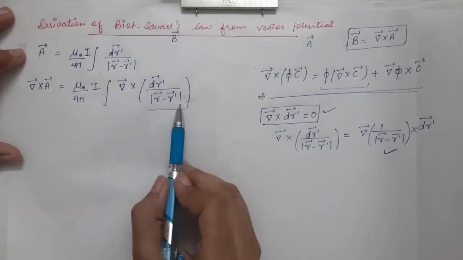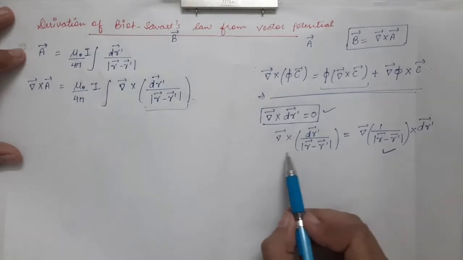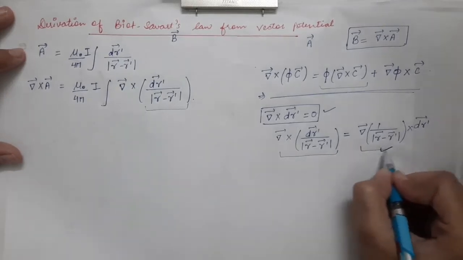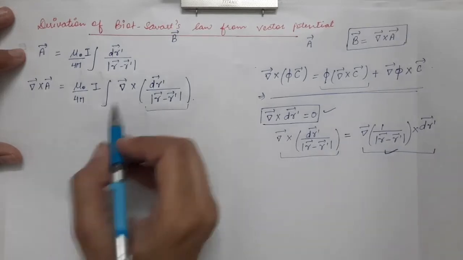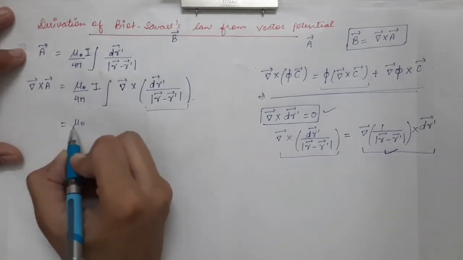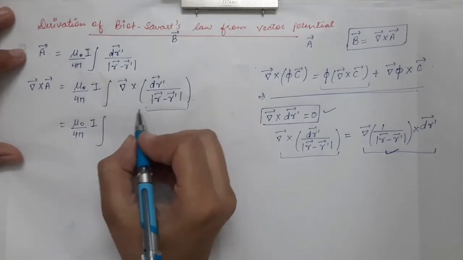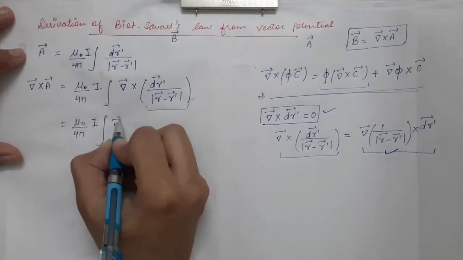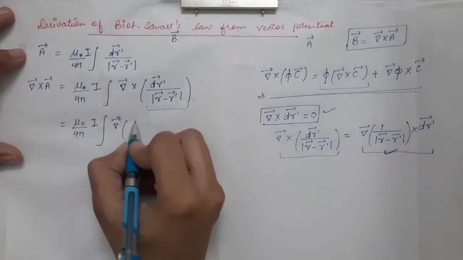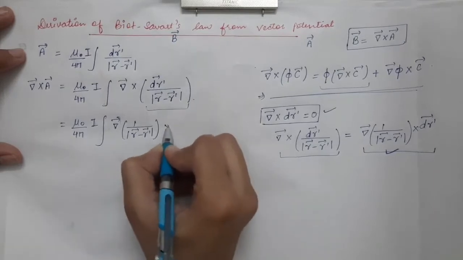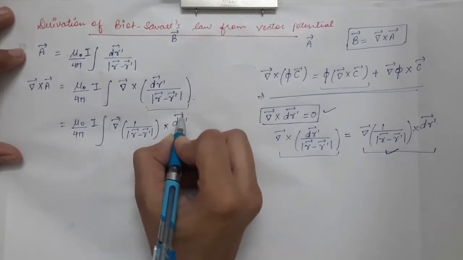So this has come out to be equal to this term, and now you will substitute it over here. You will get mu naught divided by 4 pi times the current, and then inside the line integral you will get the gradient of 1 by the magnitude of r vector minus r prime vector, cross product with dr prime vector.